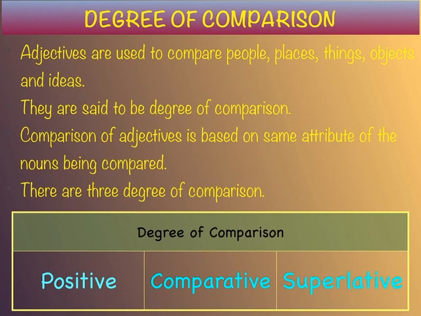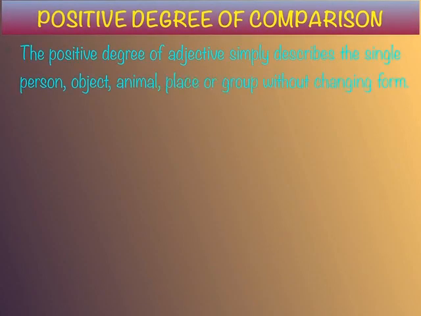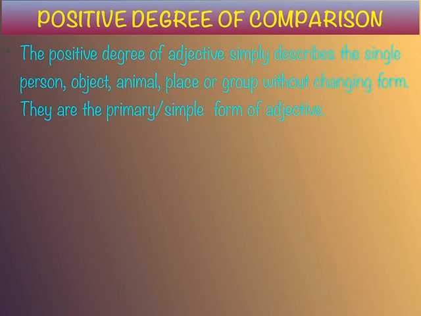So let's learn the first degree of comparison, that is the positive degree of comparison. The positive degree of adjective simply describes a single person, object, animal, place, or group without changing the form. They are said to be the primary or simple form of adjective, and there is no comparison in this form of adjective.